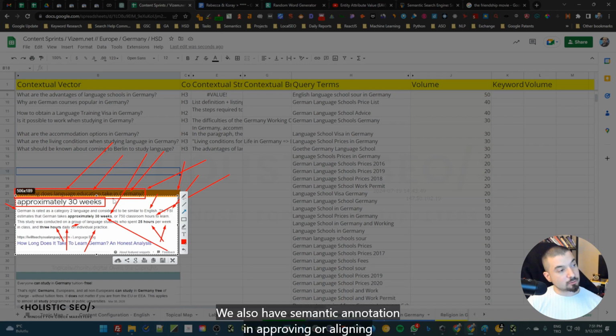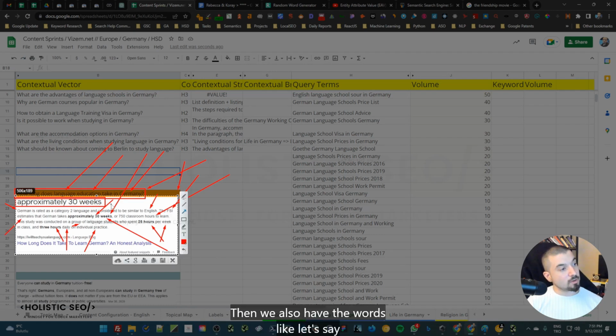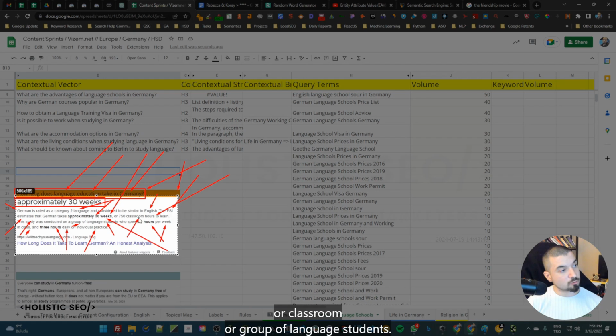We also have semantic annotation in an approving or aligning way, like approximately and estimates are connected to each other. Then we also have words like language or language students, and words like study, class, or classroom, or group of language students. And we also have predicates like time, or spend, and time spending.